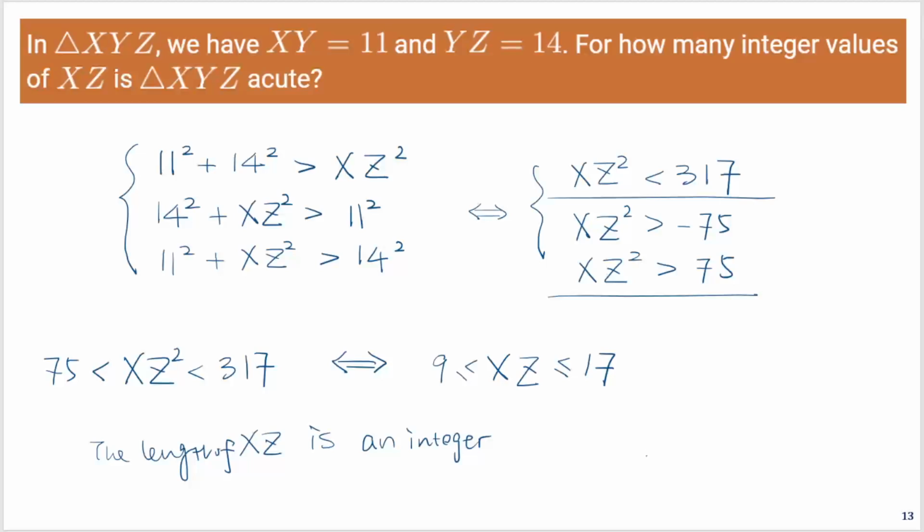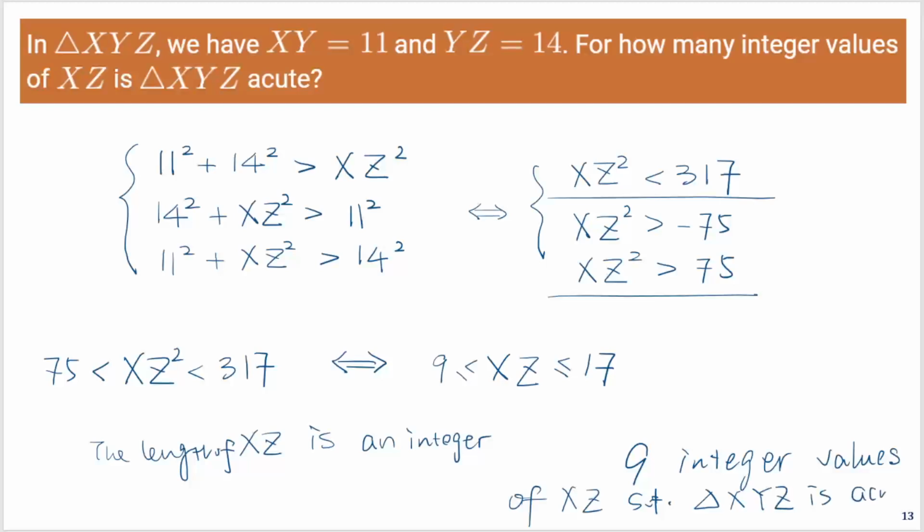Therefore, there are 9 integer values of XZ such that triangle XYZ is acute. Any questions?